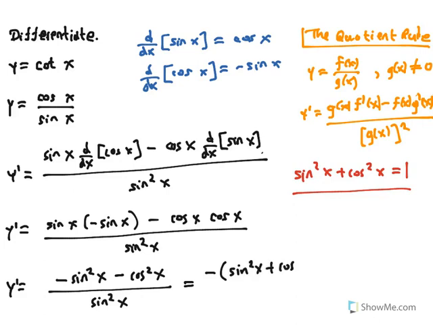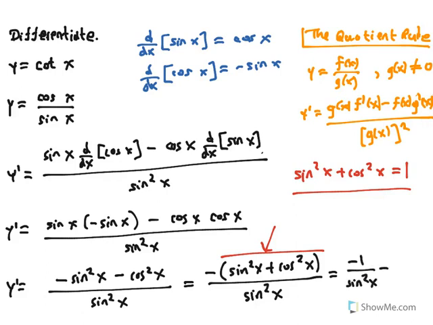So when we do that, this is what we have. And of course now, the expression in the parentheses is the left side of the Pythagorean identity, and you can replace that with 1. So you get negative 1 over sine squared x, which you can of course write as negative 1 times 1 over sine x times 1 over sine x.